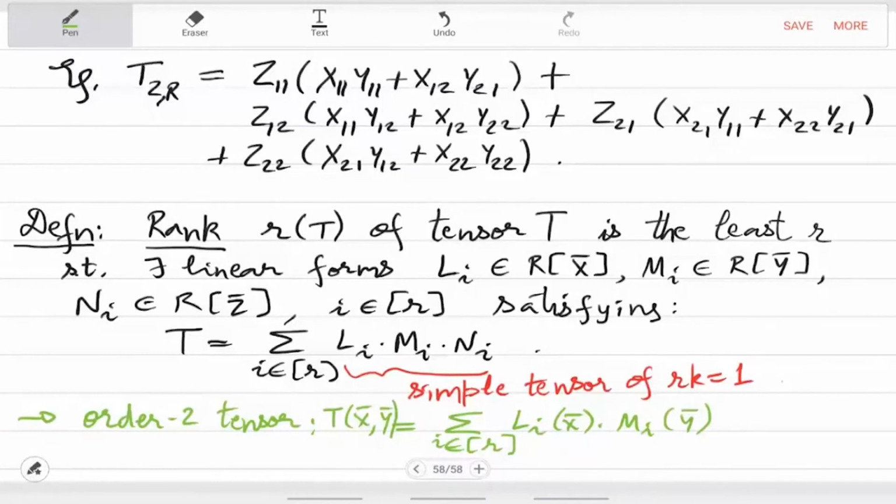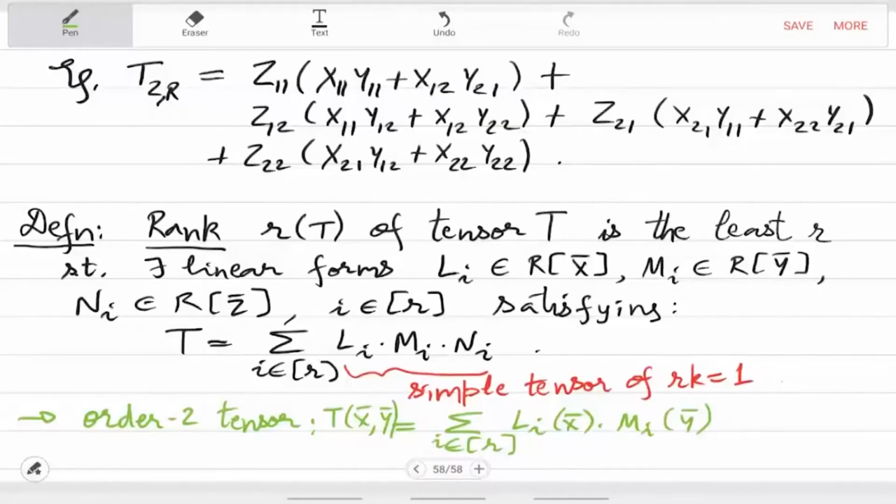So I claim that these two theories are the same at order 2. Tensor decomposition and tensor rank are the same as matrix rank. That equivalence I leave as an exercise.